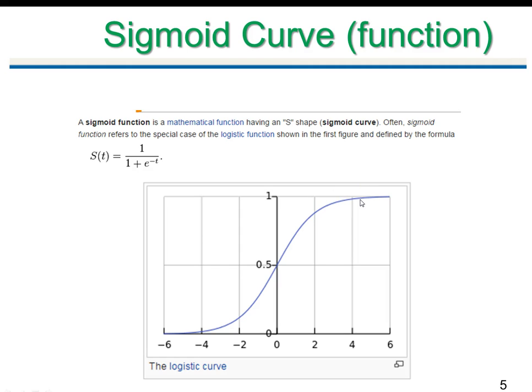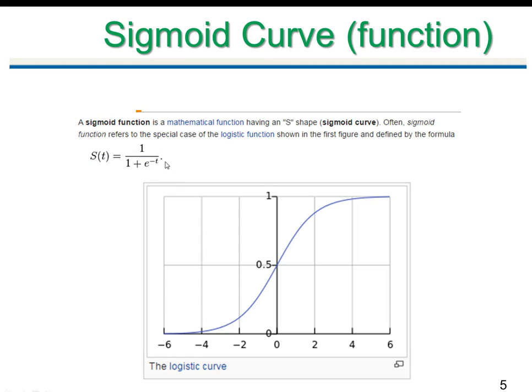I don't know, personally, I would never believe something like that. But anyway, people are kind of in love with this curve. I'm not in love with it, but it's convenient. So anyway, we're going to use it.